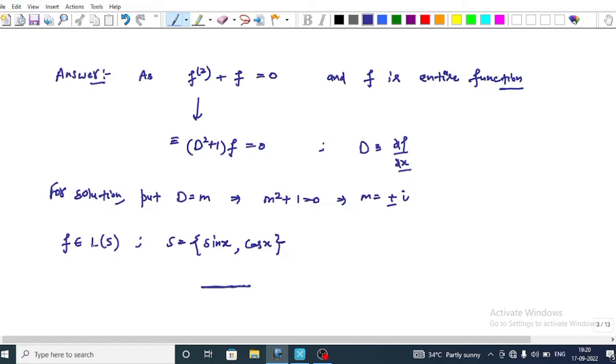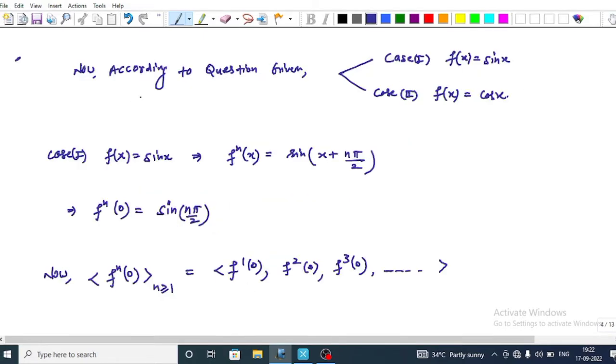Now the solution of the differential equation, f belongs to the linear span LS, where S is the set {sin x, cos x}. Now according to the given question, for simplicity, case 1: f(x) = sin x, and case 2: f(x) = cos x.